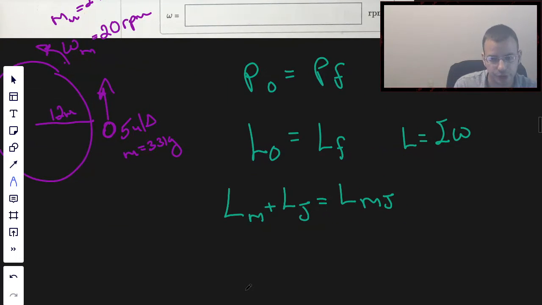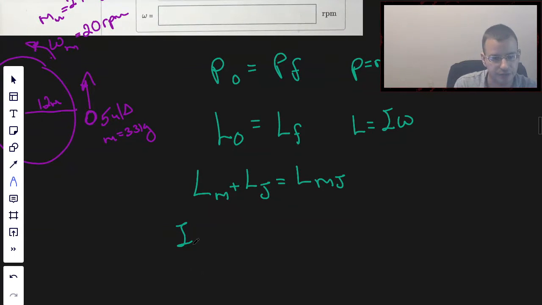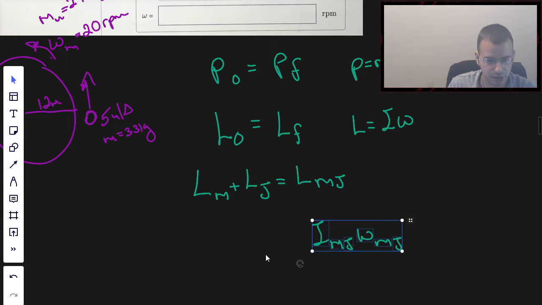So then, L equals I omega. Oh, actually that's the second part, that's the final when they're together.